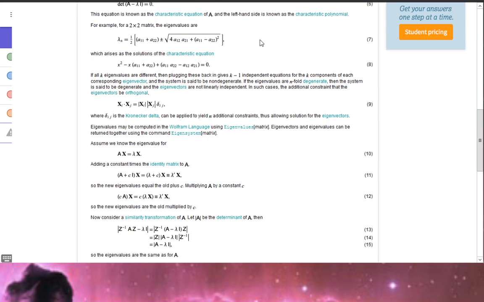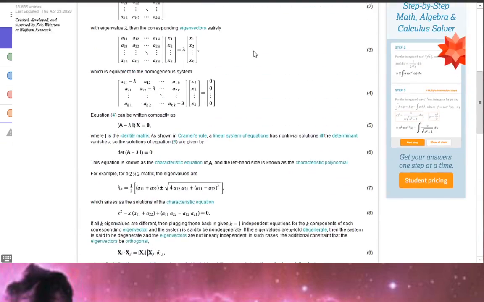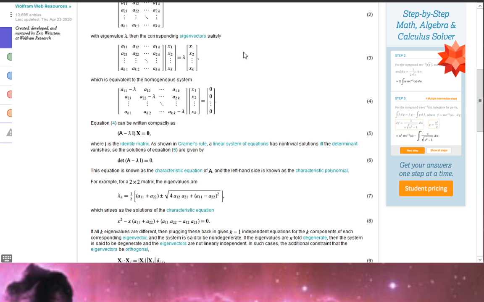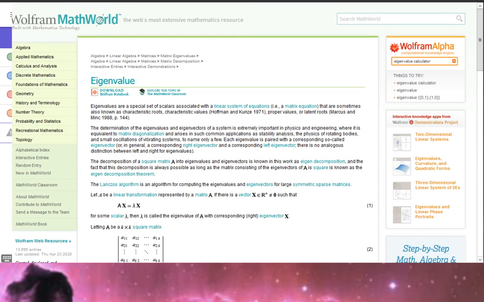If numbers fall within certain sets, and you take the eigenvalue of this function, and the number lies within a certain limit, it will tell you if the equation is stable or not. That's sort of the idea.